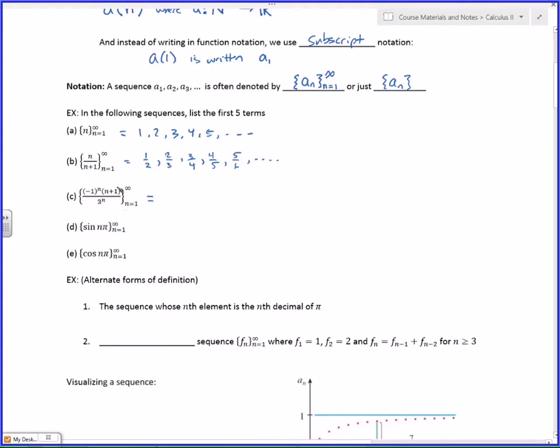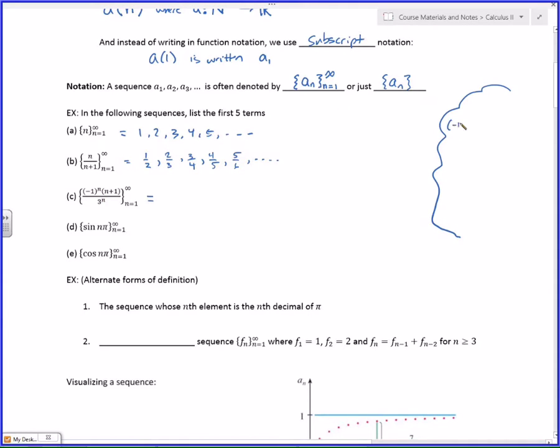All right, so in this one, I've got a formula inside here that is negative 1 to the n times n plus 1 over 3 to the n. Okay, so you can either do this in your head or you can come off to the scratch paper. I'm going to come off to the side here just real quick, just so you can see for the first couple of terms, what does this thing do?